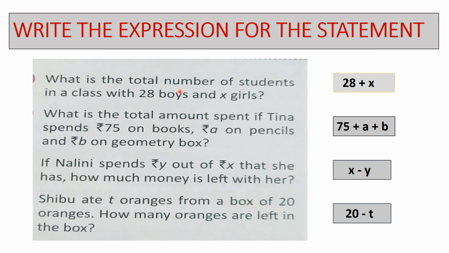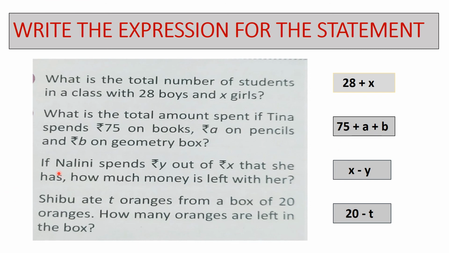So 28 plus x. Now, what is the total amount spent if Tina spends rupees 75 on books, rupees a on pencils, and rupees b on a geometry box? So the total amount will be represented by the sum of all these three. So rupees 75 plus a plus b, right?